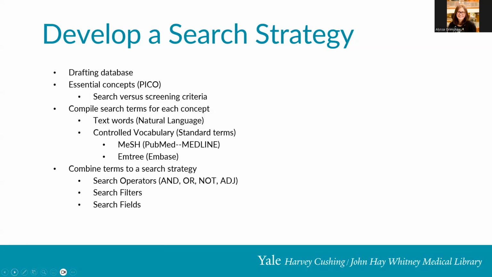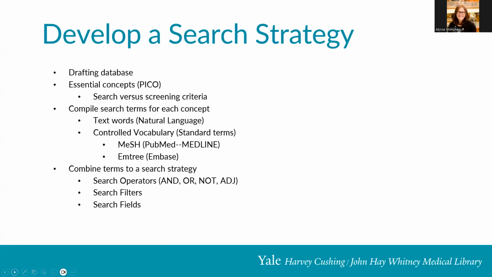Next, you want to compile your search terms for each concept. You're going to do this by combining text words, which is natural language. So, we've got to have our heart attack and our myocardial infarction and our STEMIs and our non-STEMIs and our whole list of words for that. But we also want to include controlled vocabulary for every database that has controlled vocabulary.